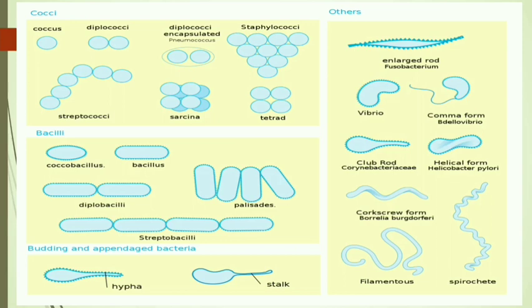In fours, they are tetrads. In chains, they are called streptococci, and in clusters, they are called staphylococci. Similarly, when two bacilli are attached together, they are called diplobacilli. Bacilli chains are called streptobacilli. On the other hand, we can see Vibrio, spirochetes, and filamentous.